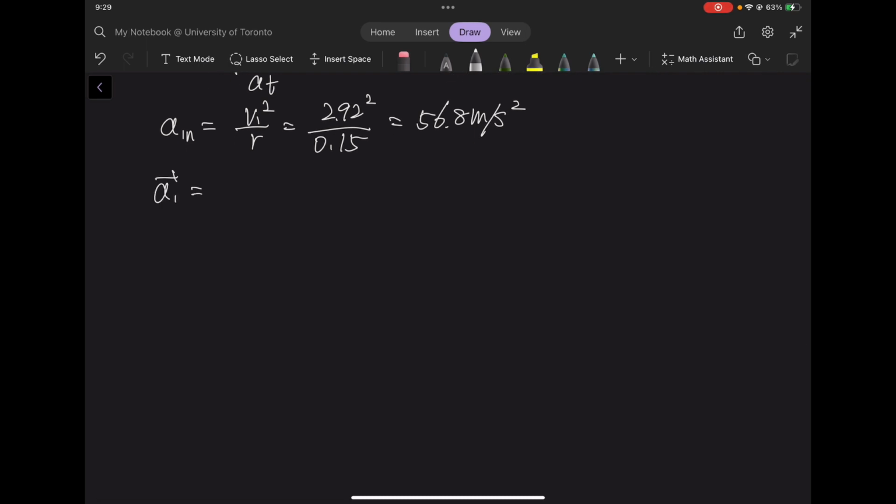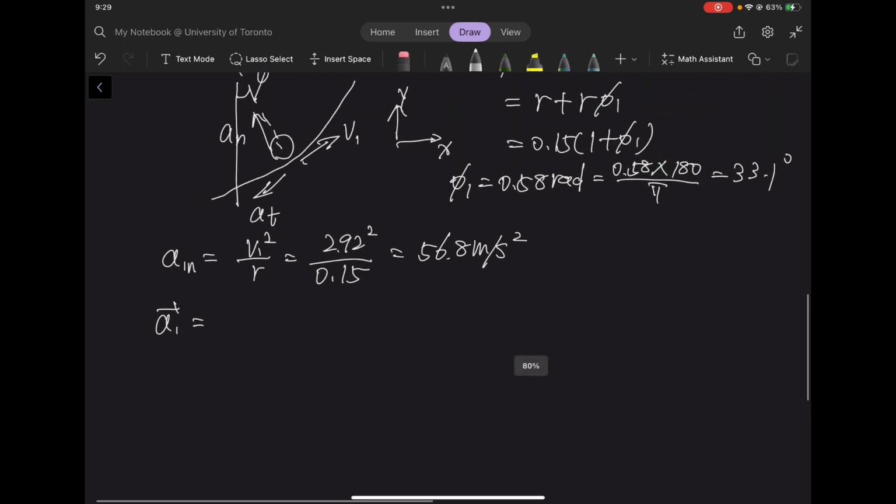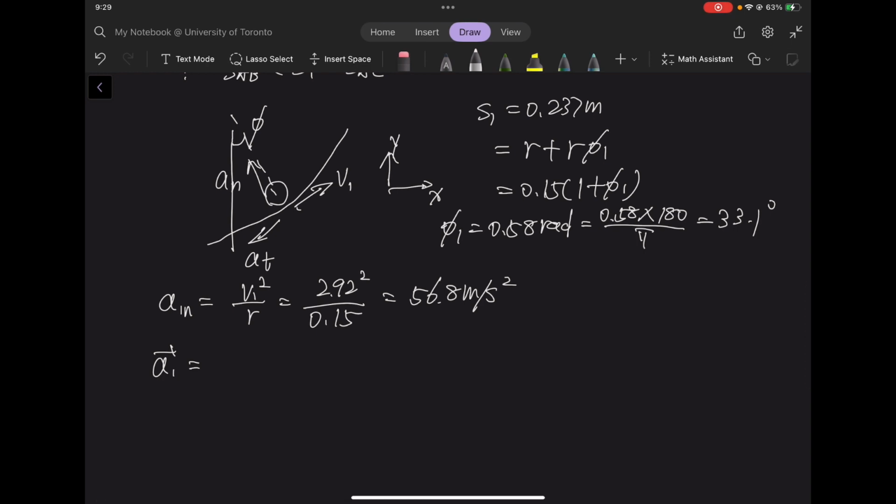So we need to put the acceleration into our xy coordinates.